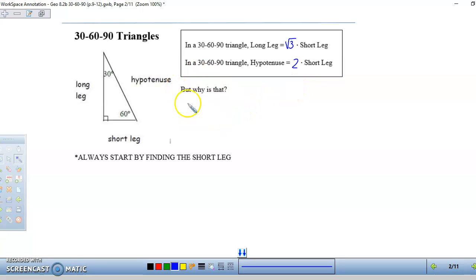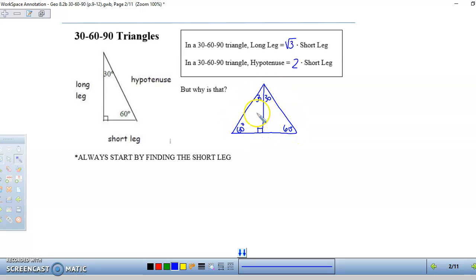Okay, there is a quick example, and I'll just do it super quickly, of why that works. If you draw yourself a big equilateral triangle like this, these are 60, these would each be 30, and this is 60 as well, because in an equilateral triangle, all of the angles are 60.